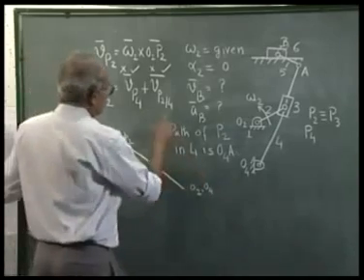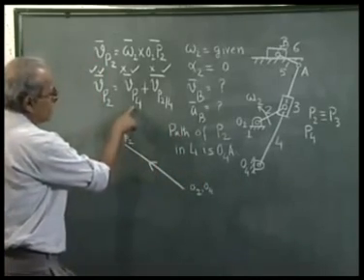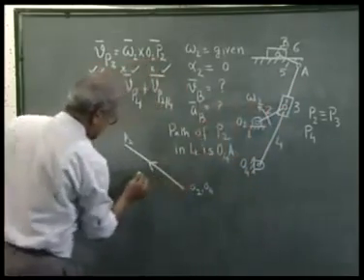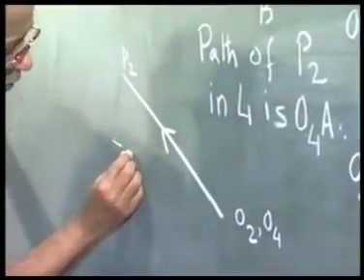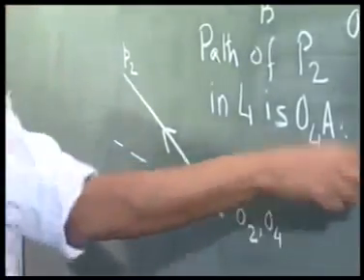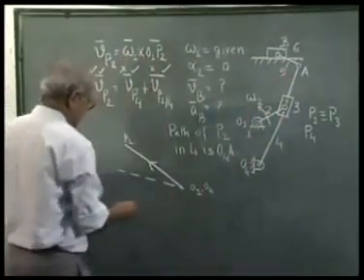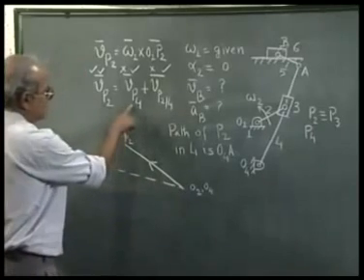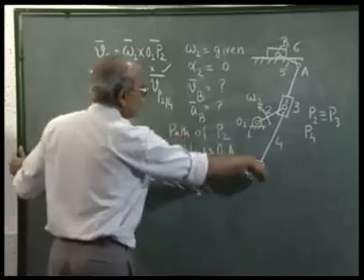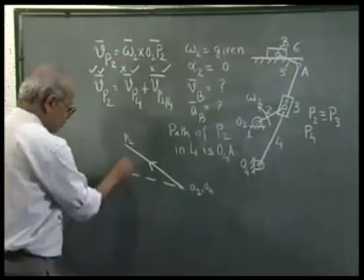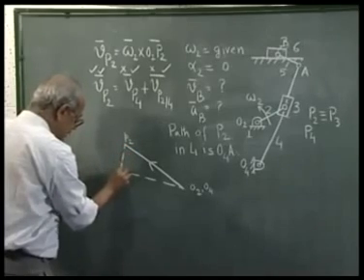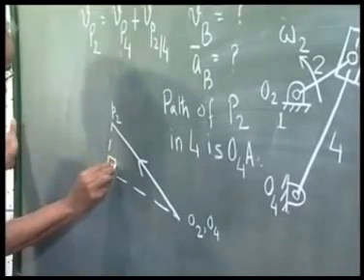Now, velocity of P4, I know the direction, that is perpendicular to O4A. So, I draw a line through O4 which is perpendicular to O4P4 or O4A. So, this vector must represent Vp4, and Vp24 is along O4A, that is perpendicular to this line. So, I drop a perpendicular from P2 to this line. This is perpendicular.